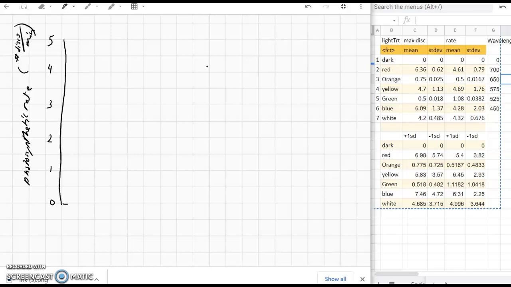And then for our x-axis, let's use light energy or wavelength. So we're going to do light wavelength, and its units is in nanometers.